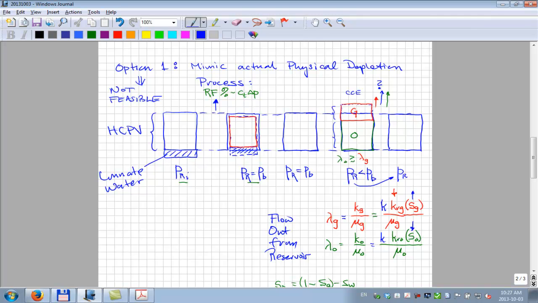If you have a two-phase mixture in equilibrium, and you take away half of the gas and half of the oil, nothing is going to happen with the molecules, nothing is going to happen with the equilibrium of what is left. You can take away all but one bubble of gas. You can take away all but one drop of oil.